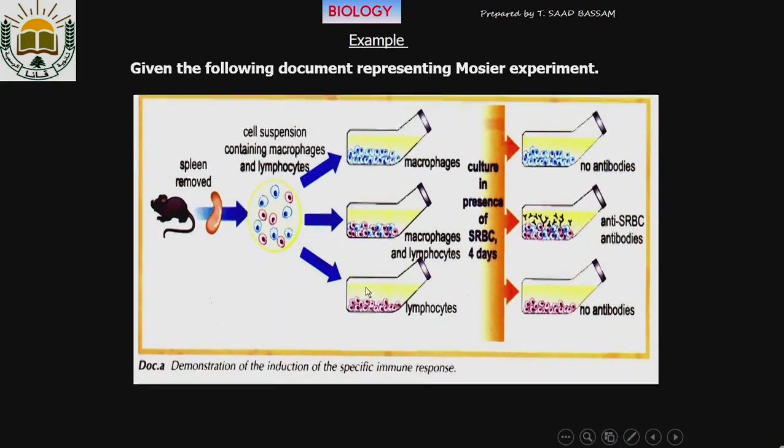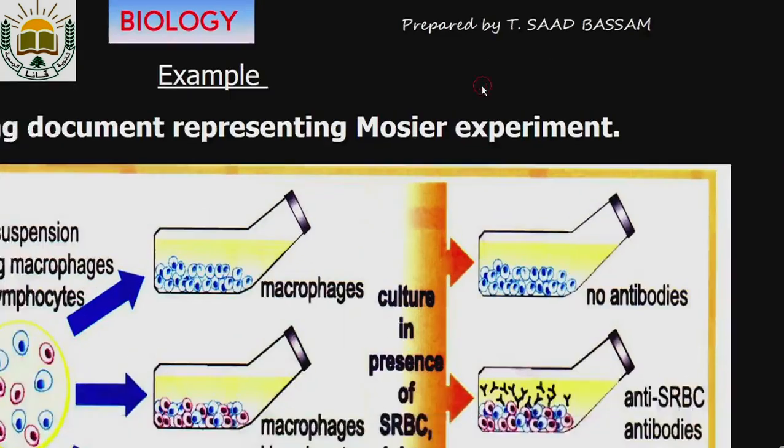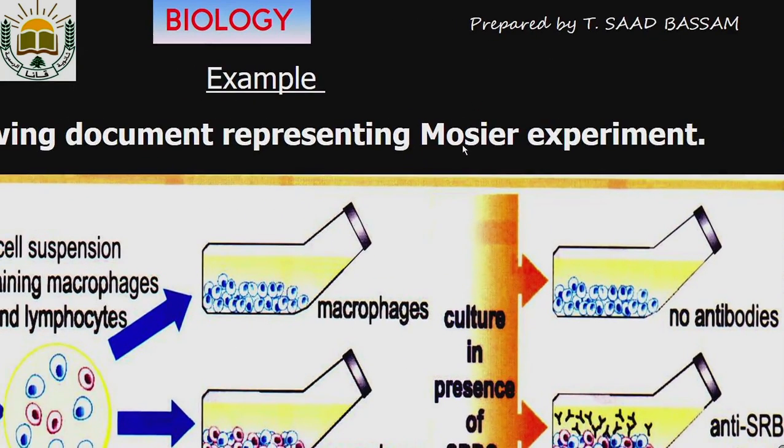Suppose we have this document. Look, given the following document representing Mosier experiment. Mosier is a scientist.